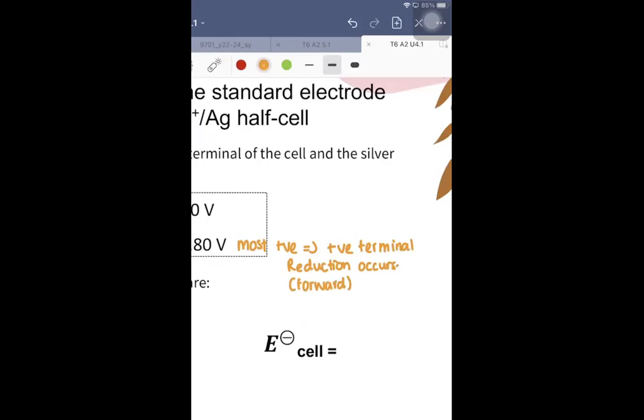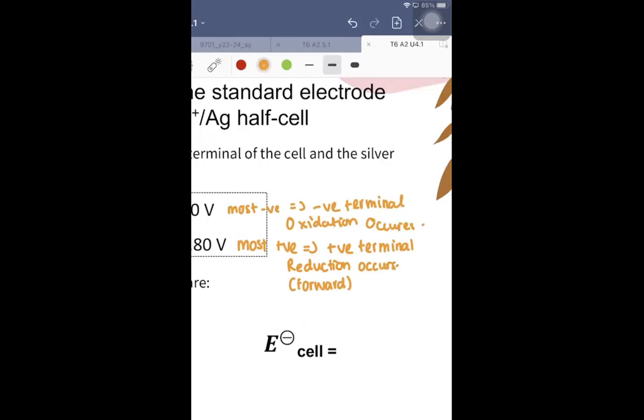The most negative system will become the negative terminal, and this is where oxidation occurs.